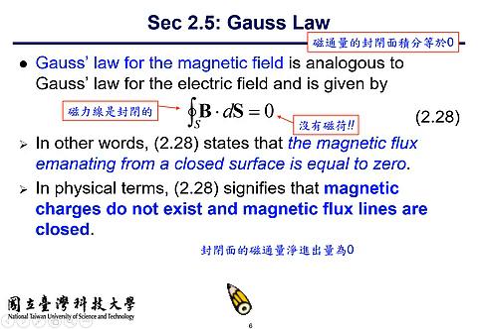So as long as they always form a loop, or there is no standalone magnetic charge, then the closed surface integral of magnetic flux density equals 0 at all times. All right?